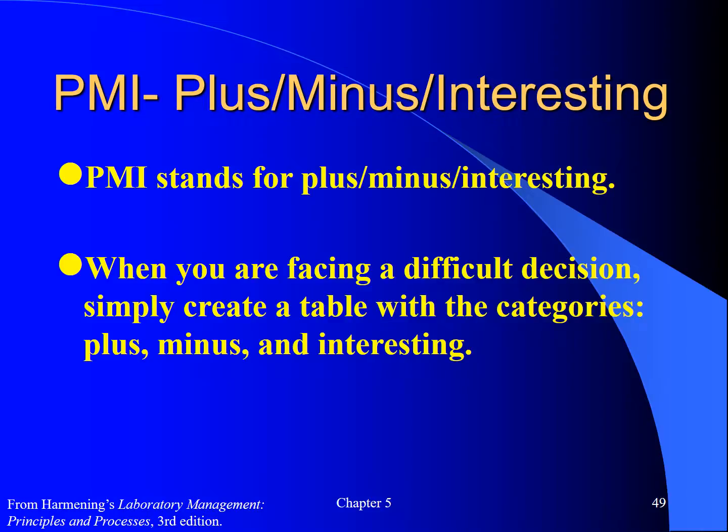In the interesting column, write down the extended implications of taking the action, whether positive or negative. Scoring your PMI table, you may be able to make a decision from the table alone. Refer to Table 5-2 on page 137 of your textbook for an example of a PMI table.